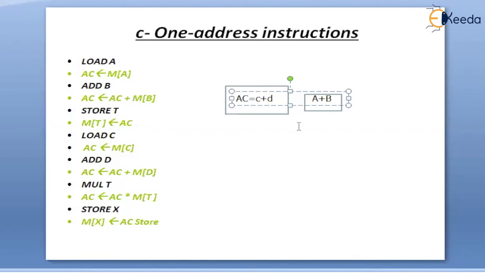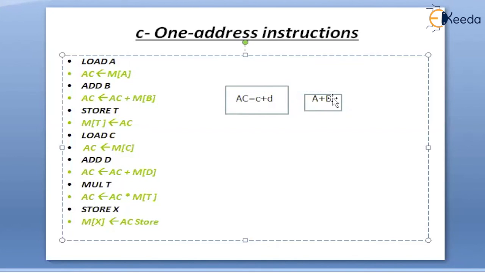Now A plus B is available in T. C plus D is available in the accumulator. Now we have to multiply the contents of the accumulator with T. That is MULT. The contents of T will get multiplied with the implicit accumulator.